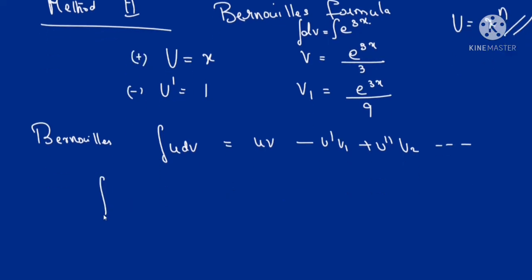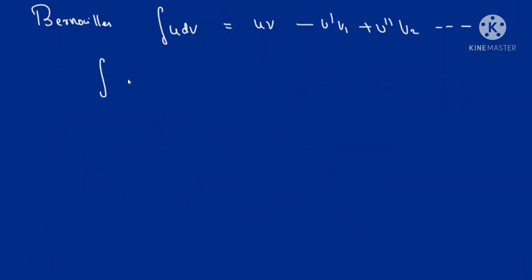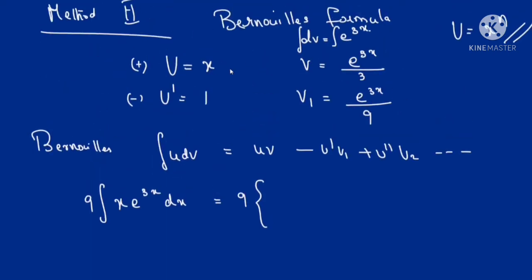So the integral, the question is x e power 3x. You can keep the 9 outside, and then you write uv, multiply u into v, straight away: x e power 3x by 3, minus, multiply again this one, so put the minus sign, and you will get e power 3x by 9.